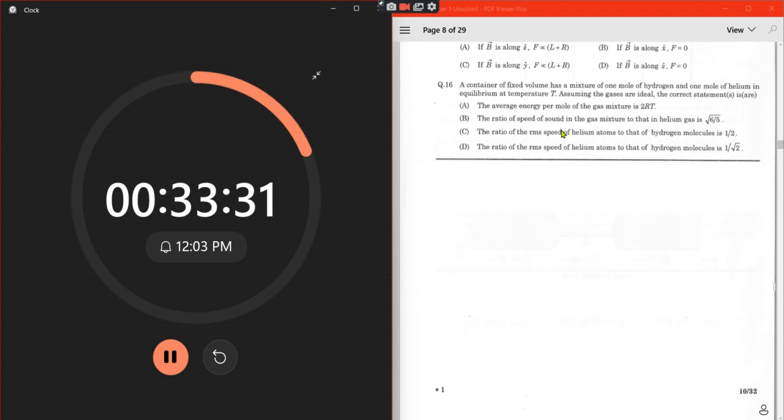Then dV upon V दोनों के लिए सेम होगा. Right. So dP इसमें नेगेटिव तो आने वाला है. Just dP equal to negative P gamma dV upon V or something.